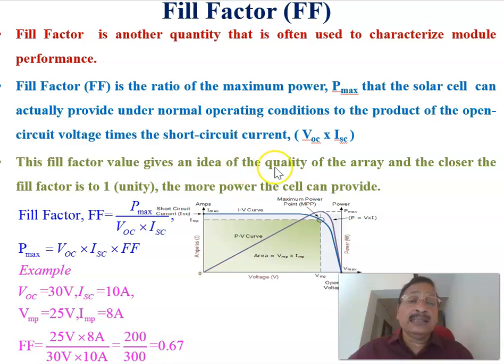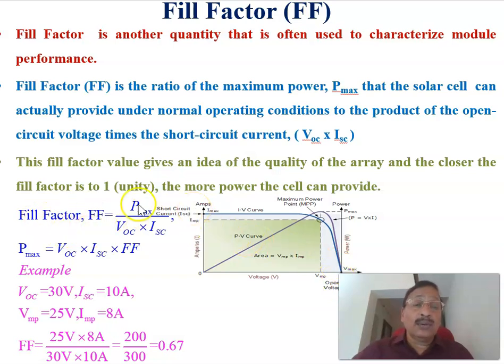This fill factor gives an idea of the quality of the array, and the closer the fill factor is to 1, unity, the more power the cell can provide. Therefore, if it is near to 1, it is good. The fill factor is the ratio of the maximum power output to the product of open circuit voltage and the short circuit current.